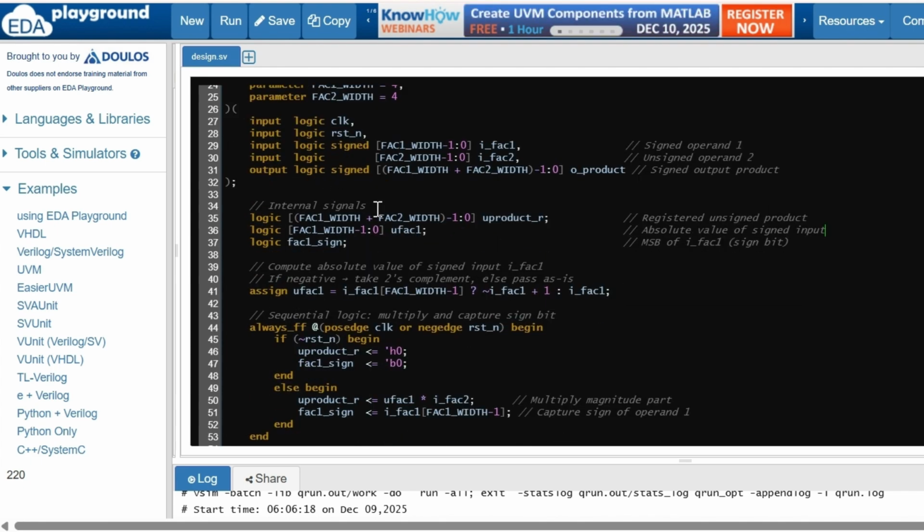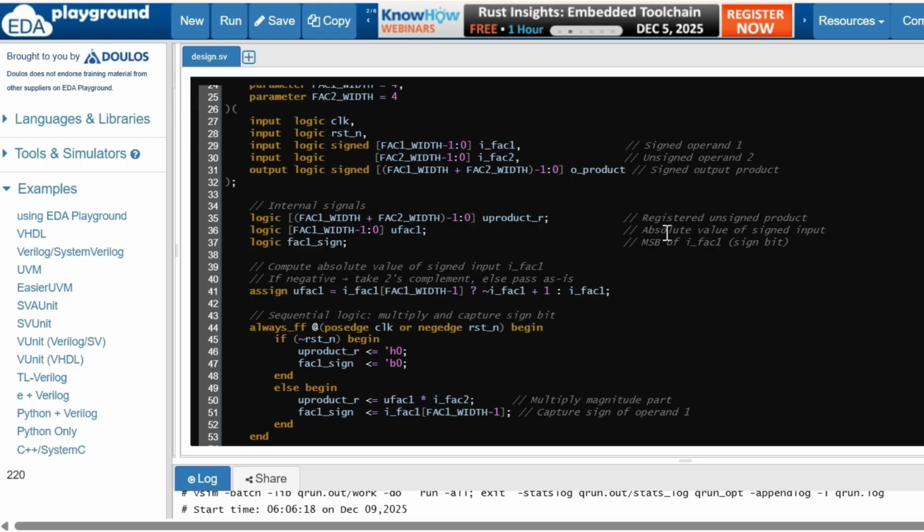Now, we have some internal signals defined for this module. The first one is the unsigned product, the next is unsigned factor 1, and the next internal signal is the sign bit of factor 1. If you see here, our input factor 1 is a signed number and our input factor 2 is an unsigned number.